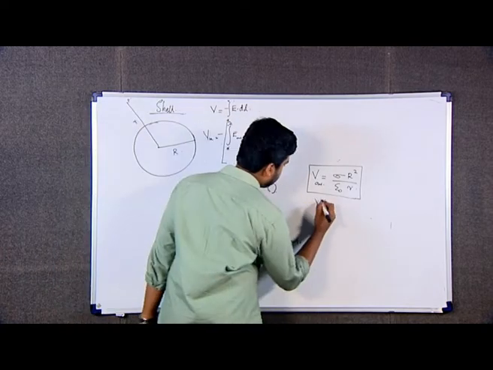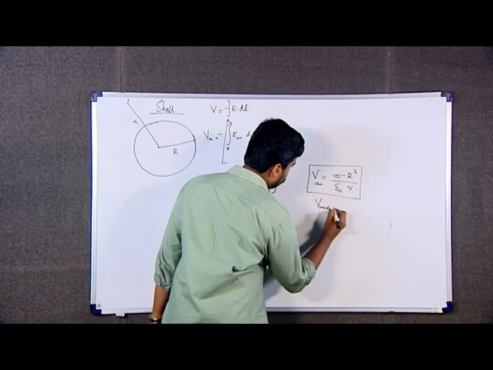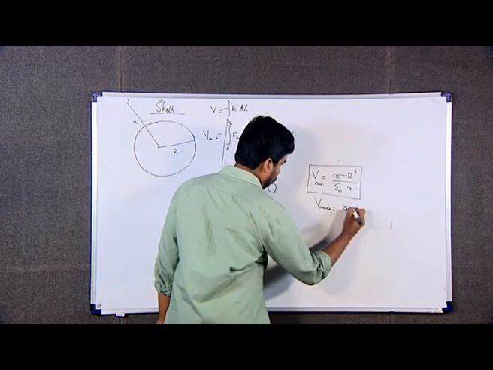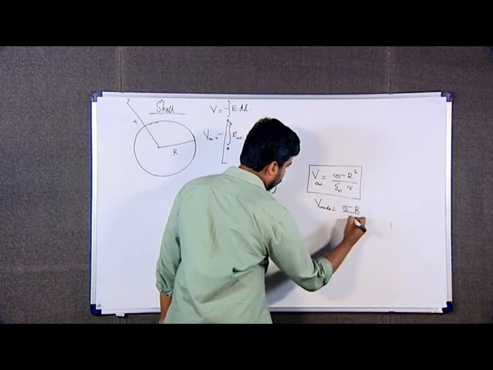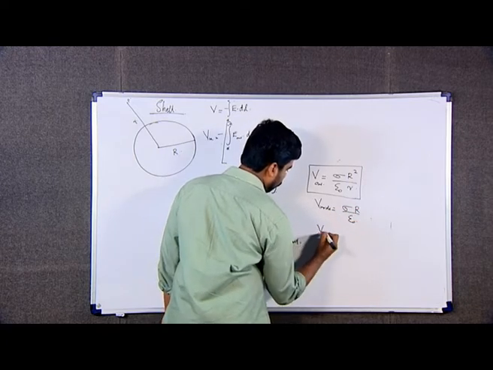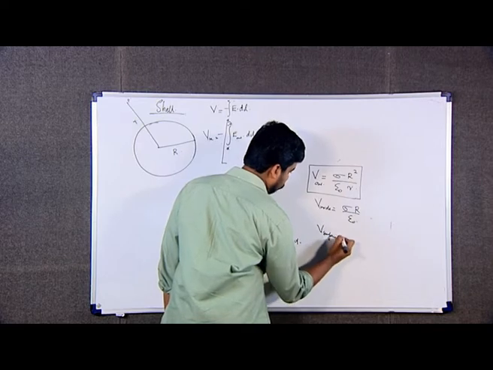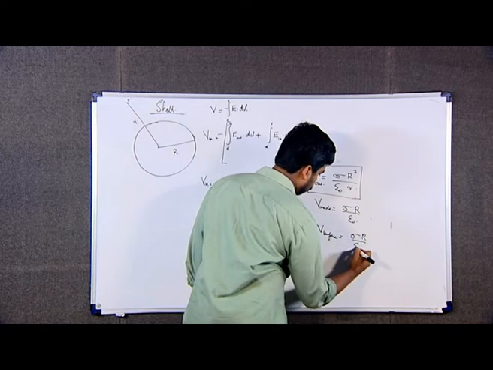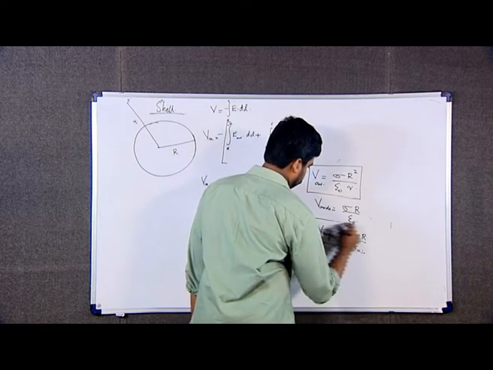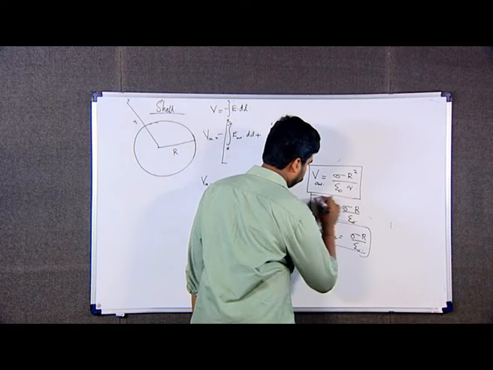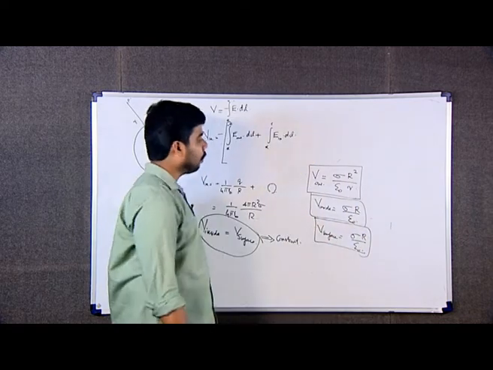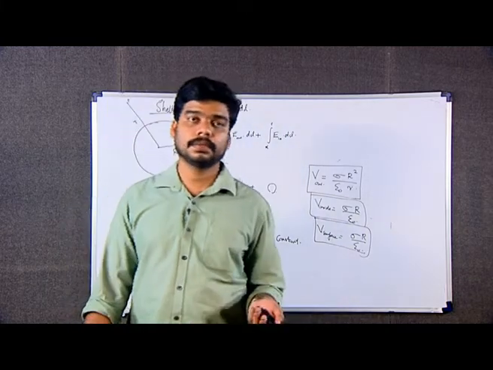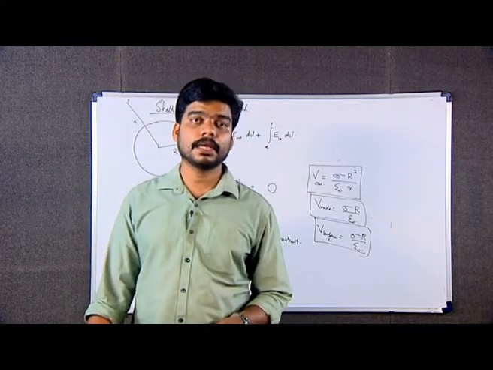So, V inside is equal to sigma r by epsilon 0, and V at the surface is equal to sigma r by epsilon 0. This is the potential produced outside, inside and at the surface of a spherical shell.